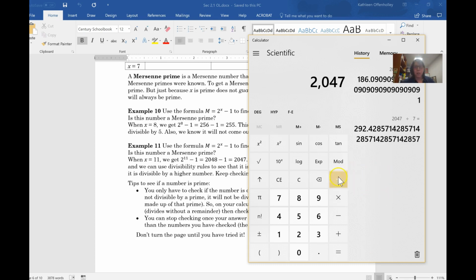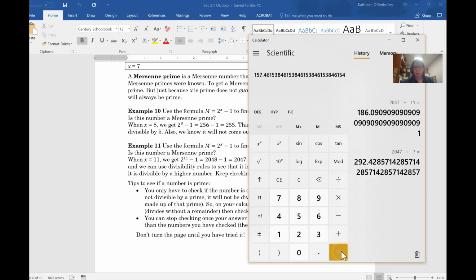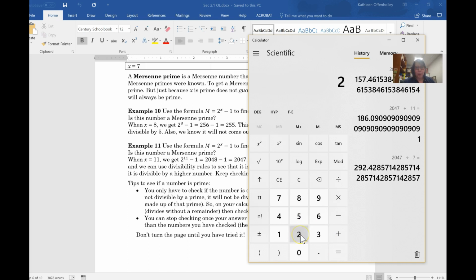The next one is 13. Is it divisible by 13? No. Now, by now you're thinking, I want to quit. I'm done checking. But you should keep checking. Let's see, we were at 13, 14, 15 is not prime, 16, 17 is our next prime number.